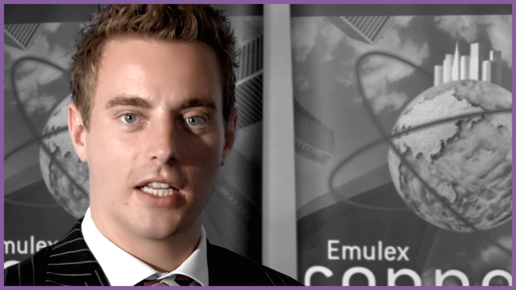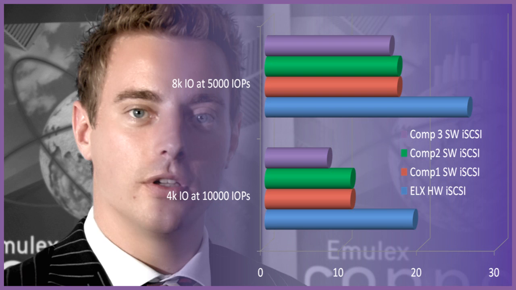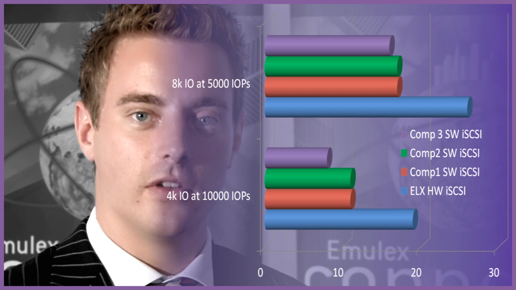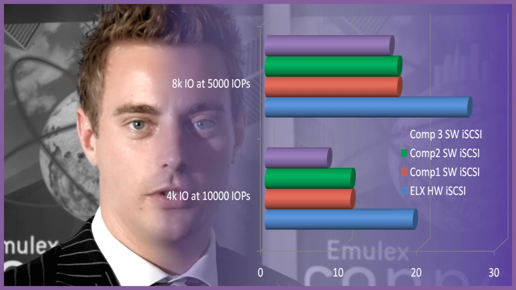Irrespective of I/O packet size, Emulex is the only IBM partner that offers hardware acceleration. This means because we're using hardware offload, we can run more virtual machines than our competitors, and therefore you can get more virtual machines on each physical server just by selecting the right I/O choice.